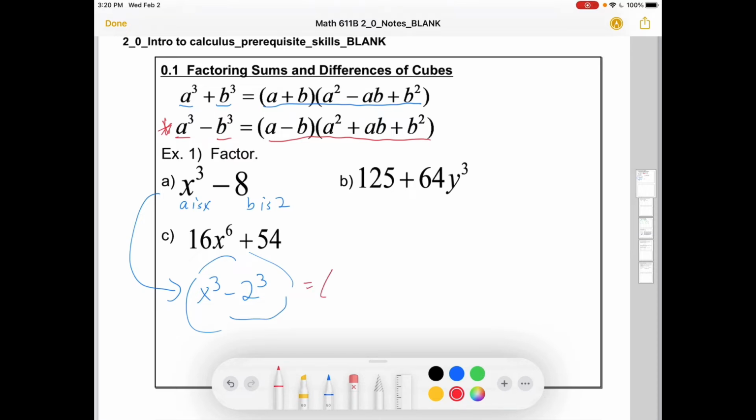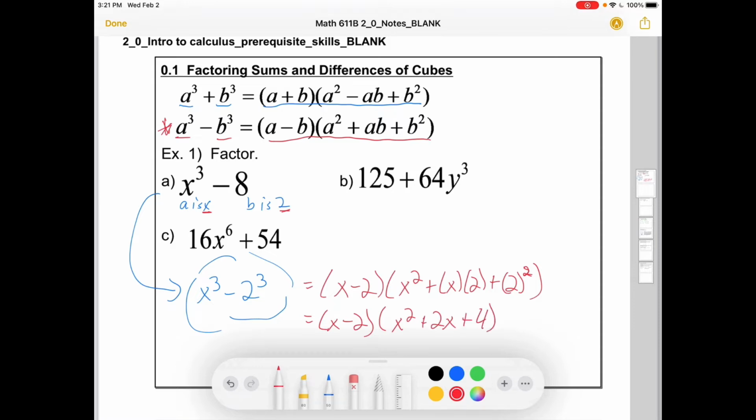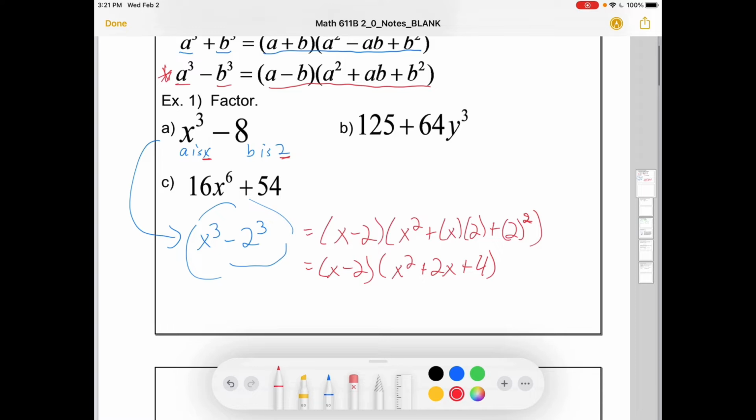It's going to turn into a minus b, so that would be x minus 2. Remember, our a is x and our b is 2. And then we're going to have a squared, so that's x squared, plus a times b, which is x times 2, plus b squared. Let's simplify it a little bit: x squared plus 2x plus 4.